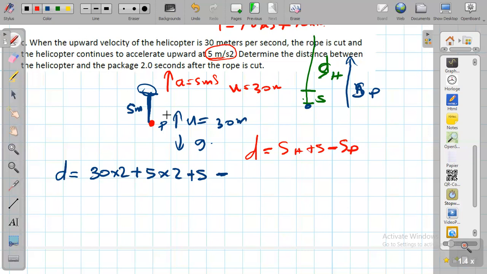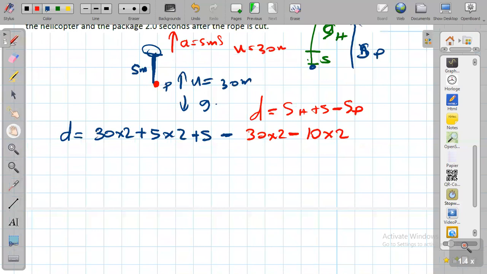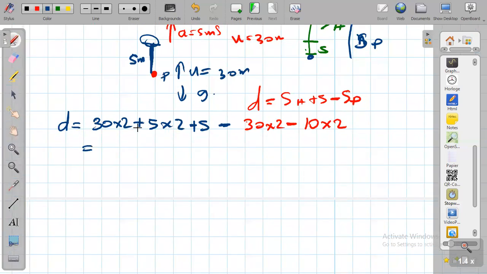For the package, ut is 30 times 2, but there is a negative factor of 10 times because the acceleration is downward.